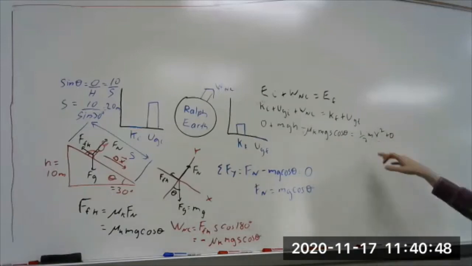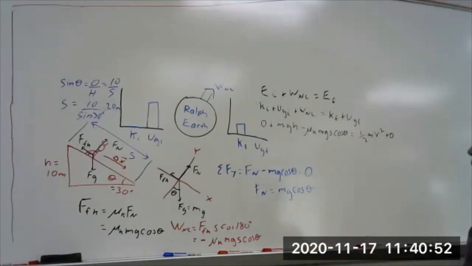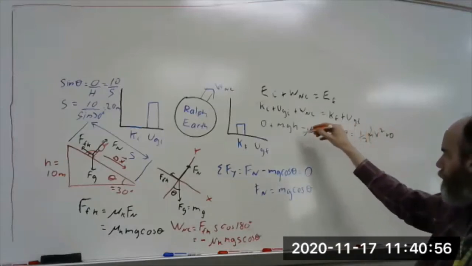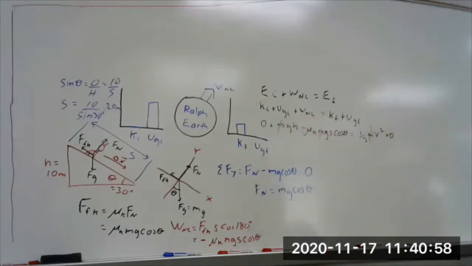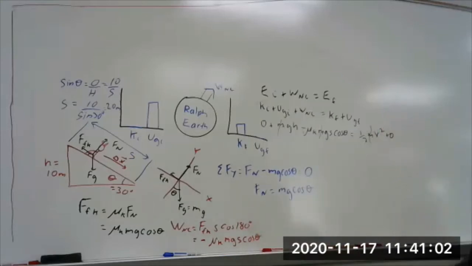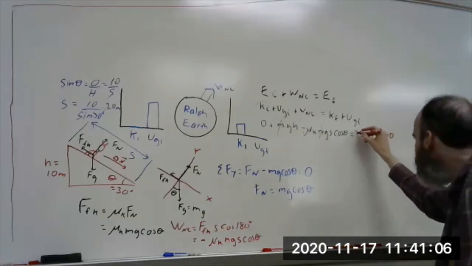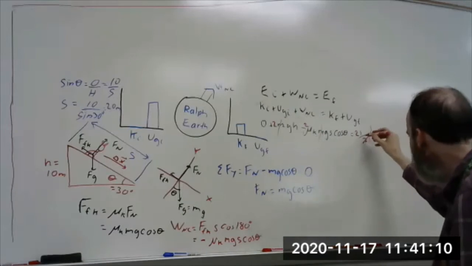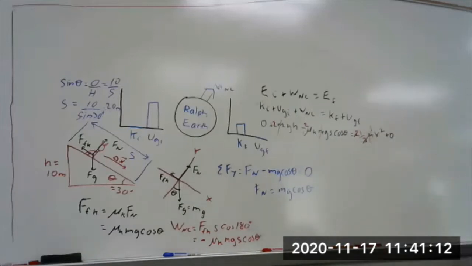So that's what we have. We're trying to find V. We don't know M, but it doesn't matter. It cancels out. It's in every term. M cancels. Now I think to proceed, let's get rid of this 2. So multiply every term by 2. So these cancel. So what do we get?